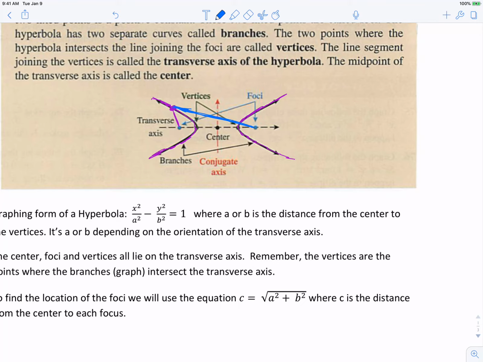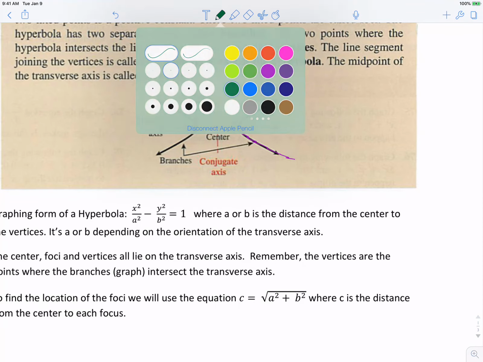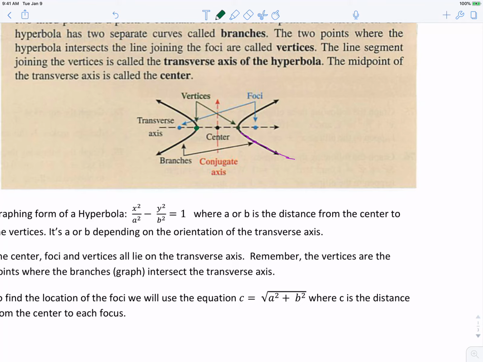Some other parts here. On each branch, they have their own vertex. So I'll kind of highlight that one. They did the foci in blue, so I'm going to erase some of the stuff I wrote here. The vertices, there's one on each branch. You can kind of think of it like the vertex of a parabola. So those are the vertices there.